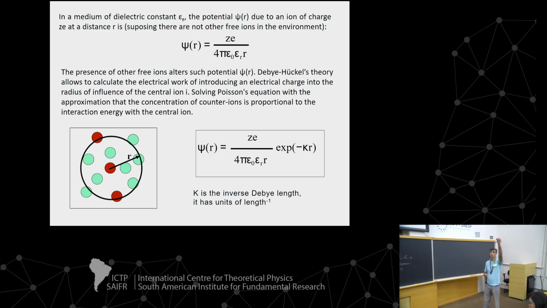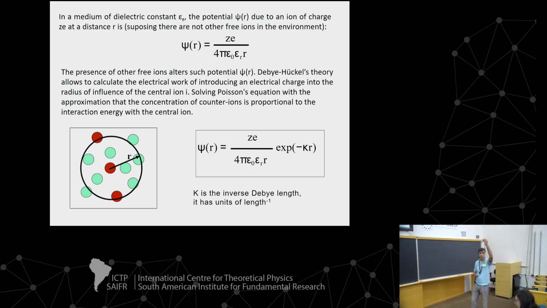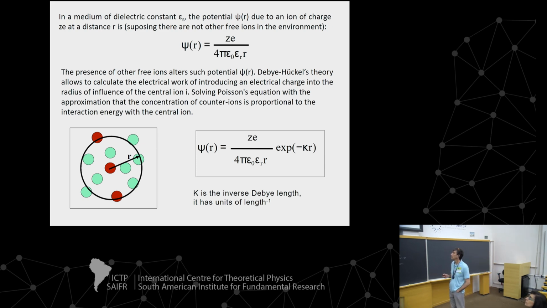You use the Born cycle. The ion is not charged, it's introduced in solution, is charged, and you solve the Poisson equation in the approximation that the concentration of the rest of the counter ions is proportional to the interaction energy with the central ion, and what you get is this function which is dominated by this exponential here, where you have a kappa value, that kappa is an inverse length, which has the inverse units of length.